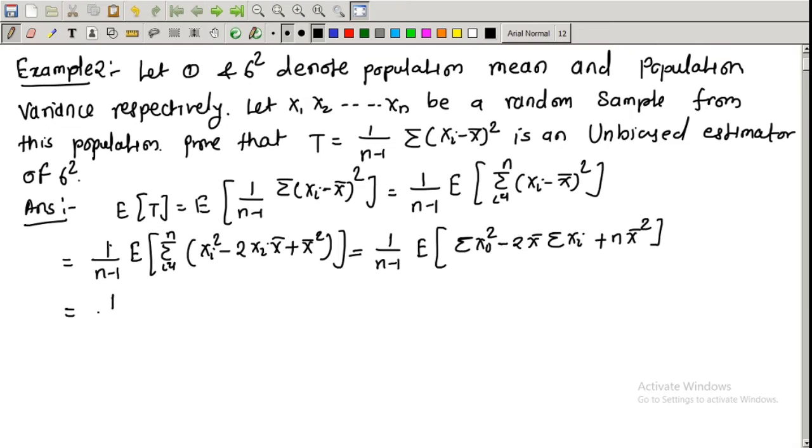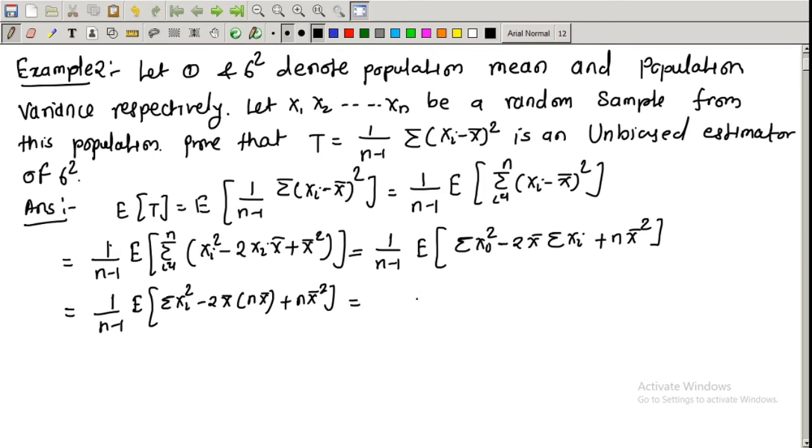So 1 upon n minus 1 expectation of summation of xi square as it is, minus twice x bar is constant, and here if I divide this summation of xi by n, I will get x bar, multiply and divide, so that term is n into x bar, correct, plus n into x bar square.